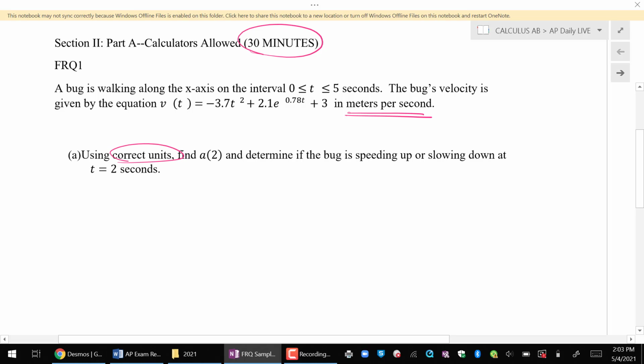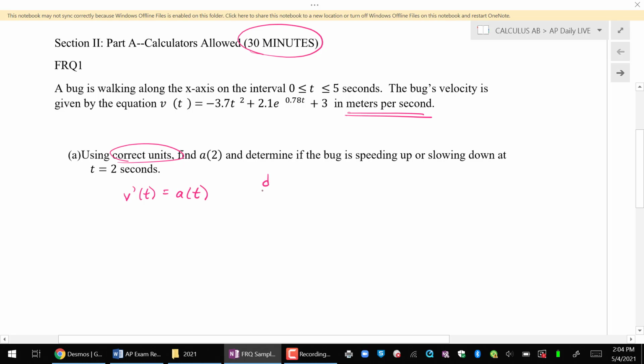Find a of 2, acceleration of the bug at time 2, and then determine if the bug is speeding up or slowing down. Well, first of all, a of 2 is the derivative of velocity. So v prime of t is the same thing as acceleration. So what I would maybe do with my calculator is use math 8 on the TI-84s and enter this velocity function in, but type in for the value of t when it is 2.